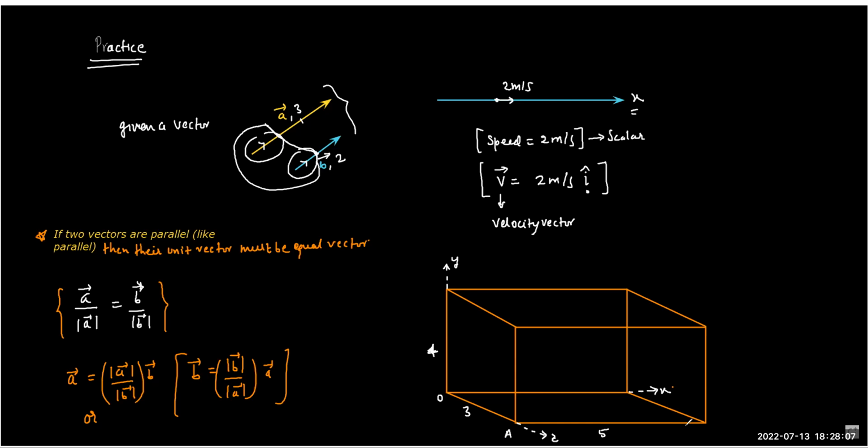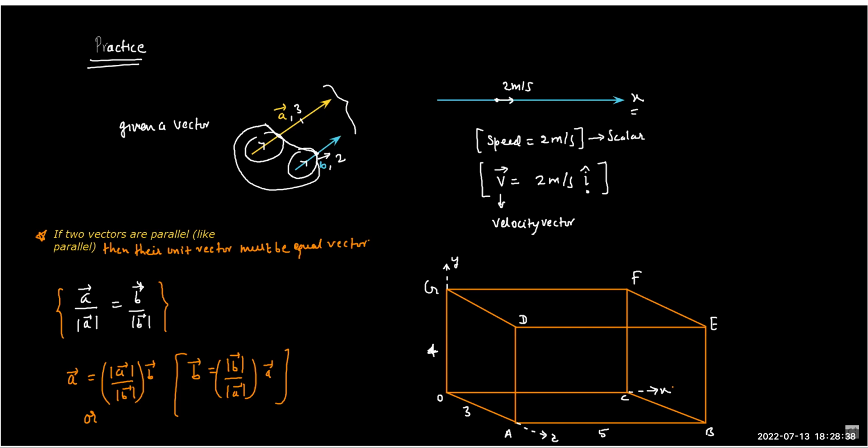Let's call it A, B, C, D, E, F, G. Okay. So now I hope you can see all the corners A, B, C, D, E, F, G.